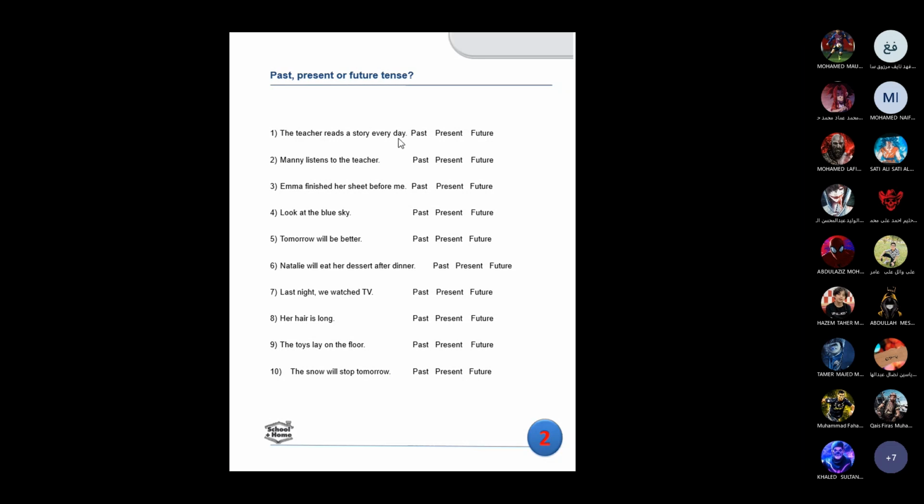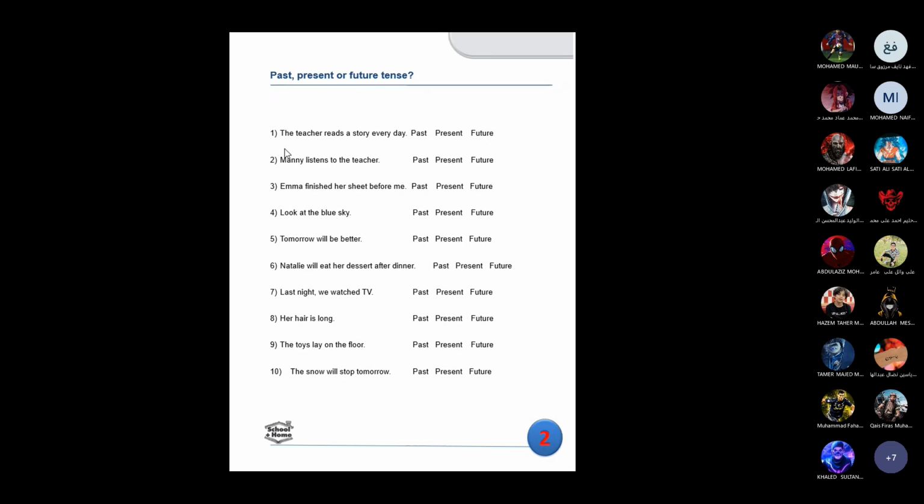So every day refers to what? Present. Yes, excellent. Present. So reads has s at the end. When the verb ends in s and you get an expression like every day, that means present, not past. Understand? Good, Talal.